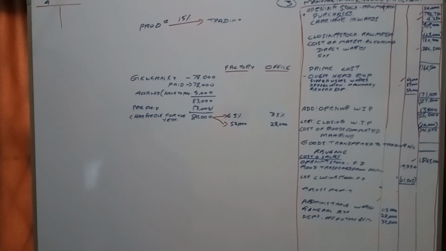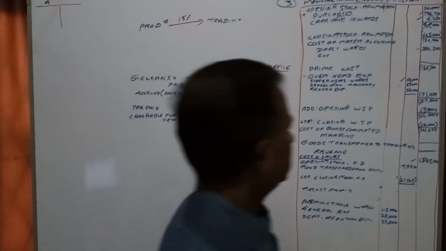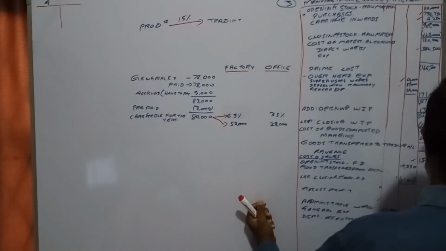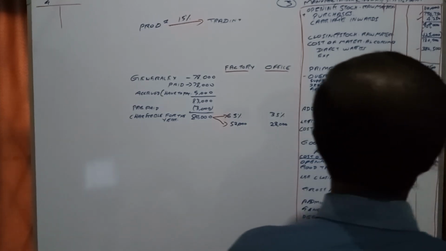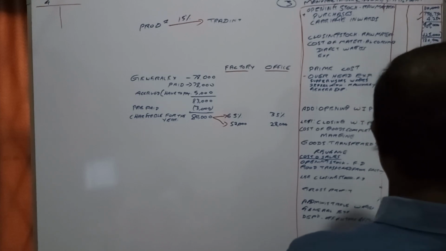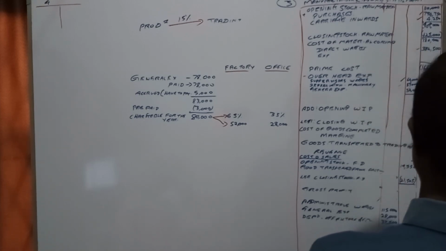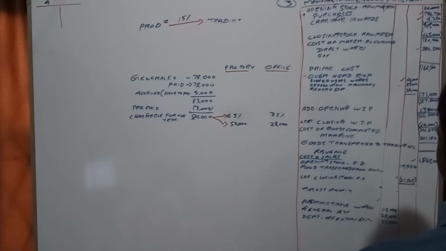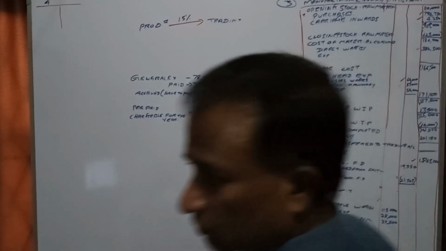1,341,000 into 0.15. It is 201,150, right?